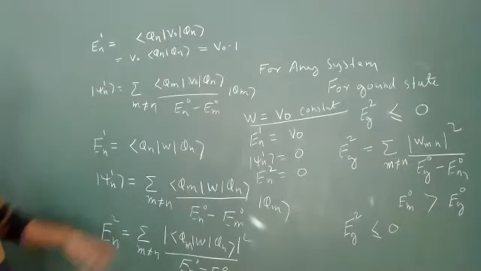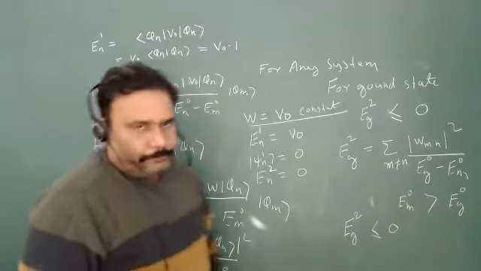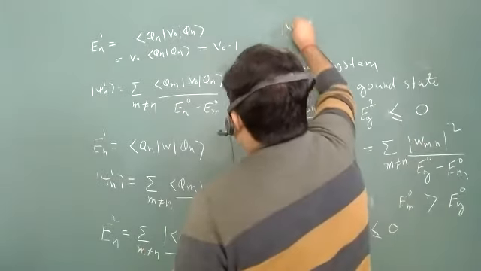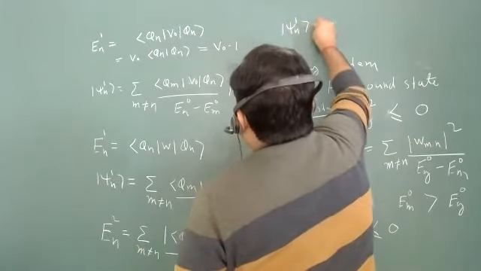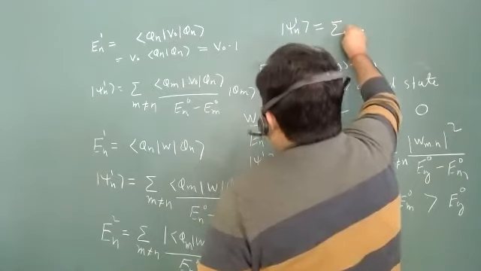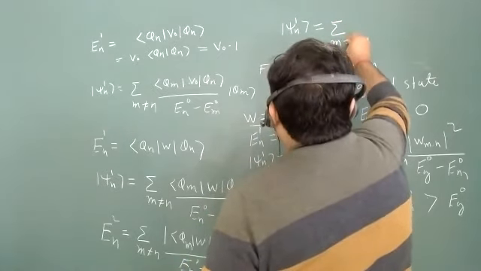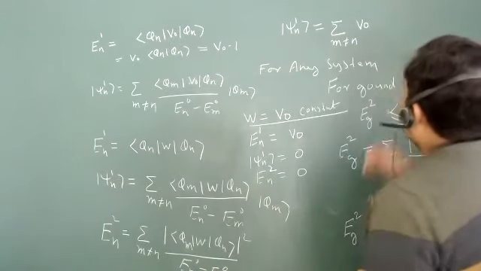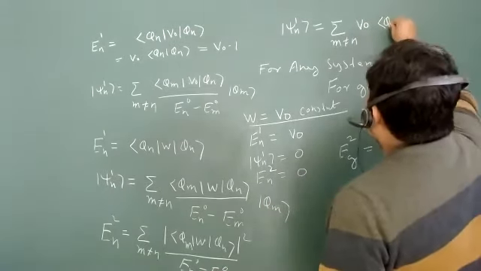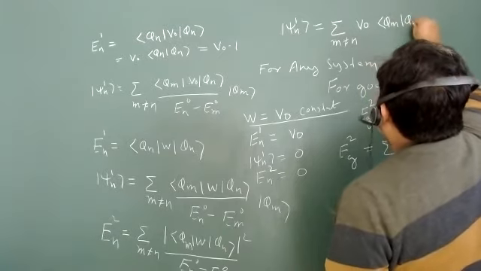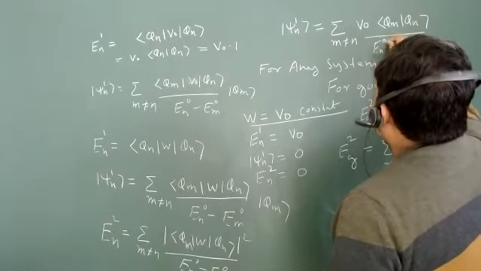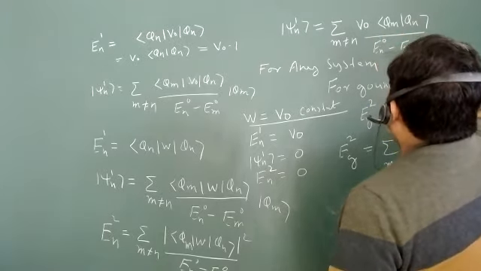So V0 will come outside. Then you have psi n1 is equal to summation over m is not equal to n. You have V0 outside, and we have phi m, phi n upon En0 minus Em0.